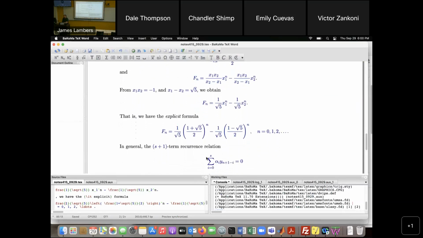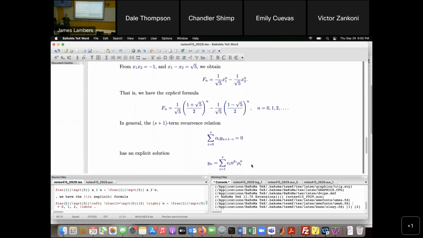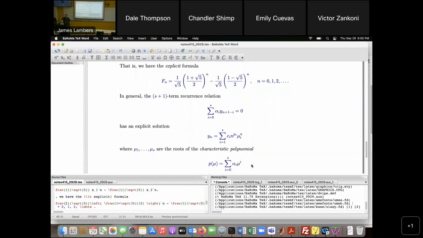But in general, when you have a recurrence relation like this, some linear combination of s plus 1 terms of the sequence equal to 0, what you do is you take your coefficients, the alphas, and you form this polynomial. It's called the characteristic polynomial of this recurrence relation. You find the roots, and then those roots are raised to the nth power.